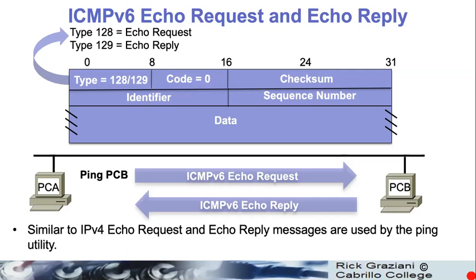That's assuming that neither PC has a firewall setting or any other setting that does not allow ICMPv6 echo requests or echo replies from being sent or received, and also assuming that we don't have any router along the way that is dropping those.